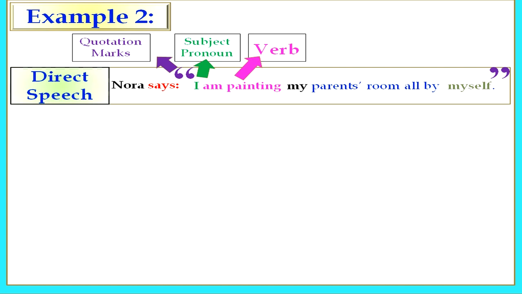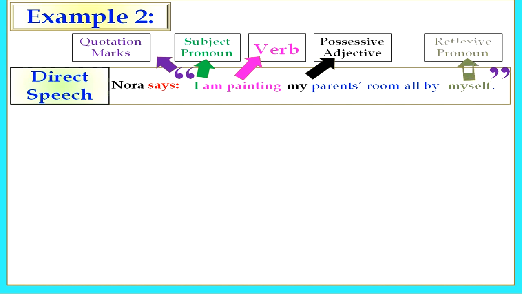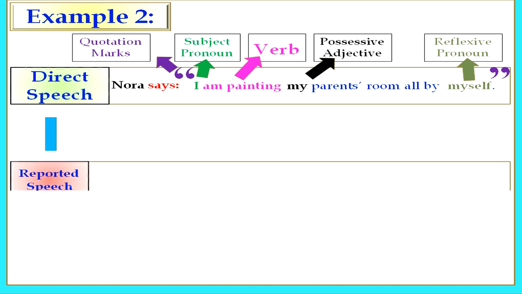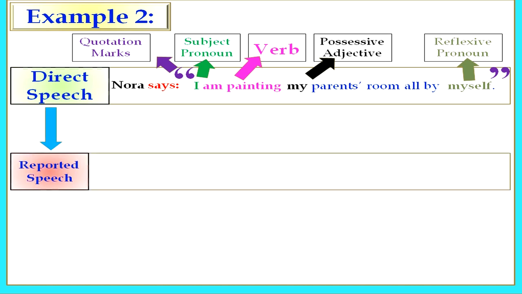And here we have the auxiliary and the main verb. We have the possessive adjective my and the reflexive pronoun myself. So now let's look at the changes that happen when we shift from direct to reported speech.